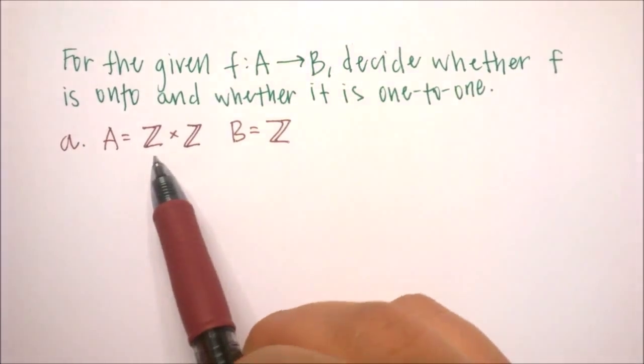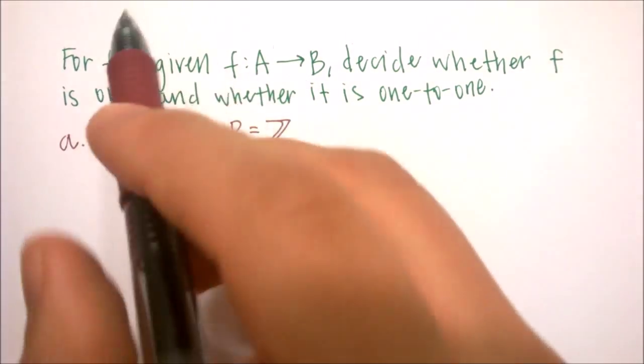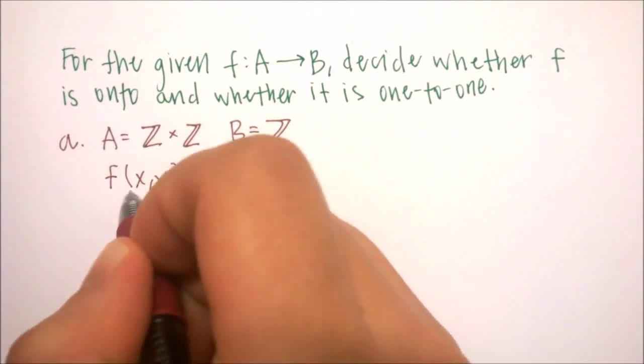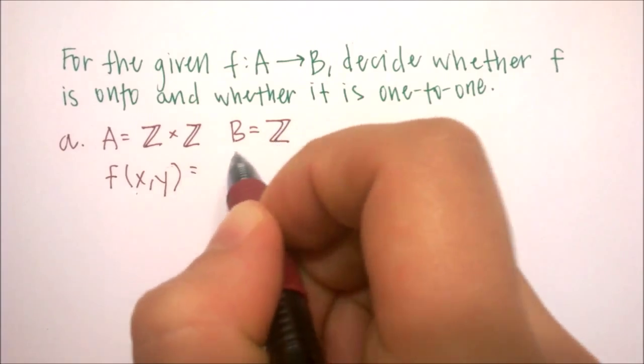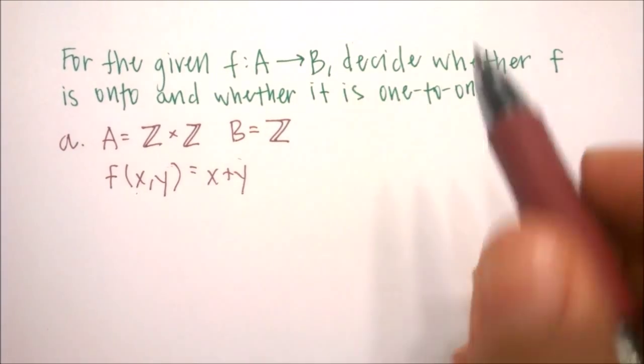So f is going to go from a coordinate pair to an integer. So here our f is going to be defined f of x comma y, where x and y are integers, equals x plus y, which is going to yield a single integer.